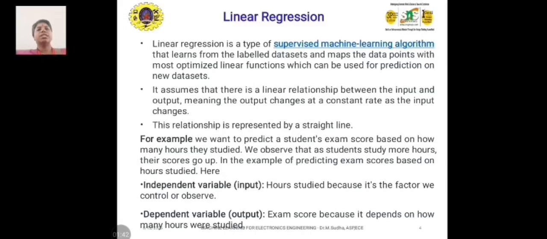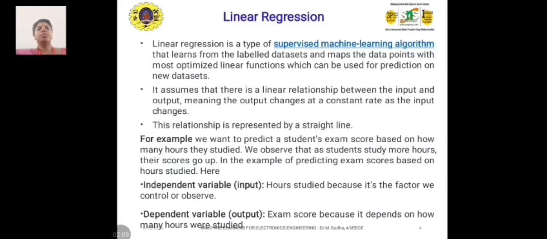Linear regression is a type of supervised machine learning algorithm that learns from labeled data sets. Already we have discussed what labeled data sets are: the name of that specific data is mentioned before feeding it as an input, which is called labeling. It maps the data points with the most optimized linear function, which can be used for prediction on new data sets.